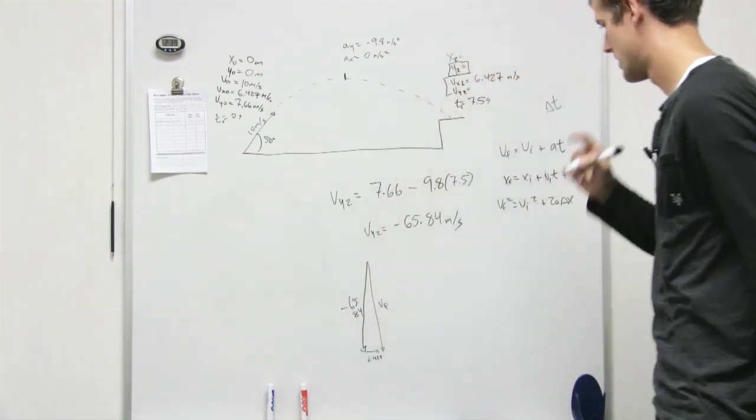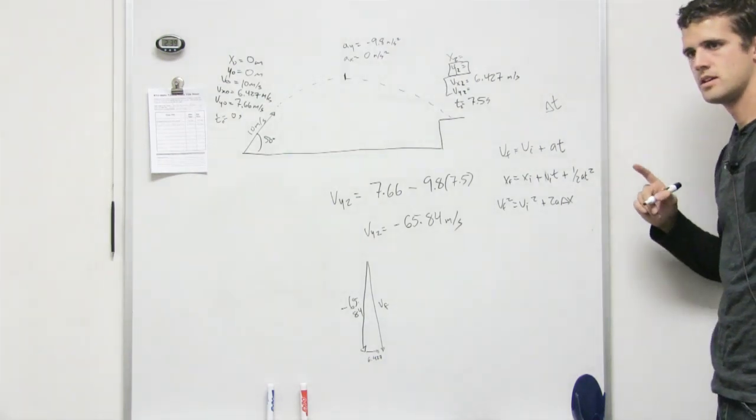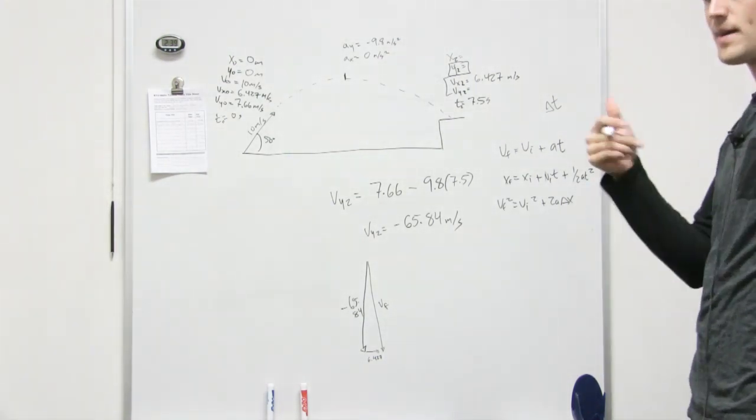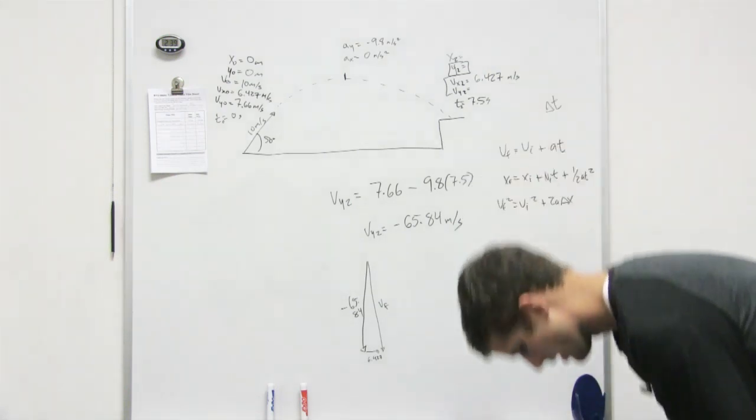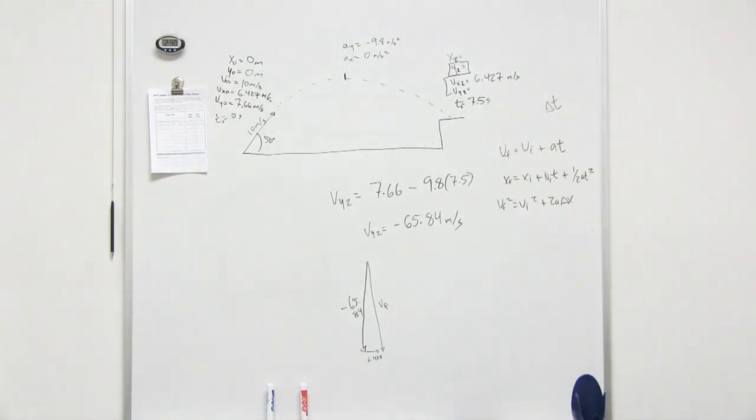And we need to solve for the angle, is that what they want? They want the magnitude, so it's the length. The length, okay. So then it's just the Pythagorean theorem.